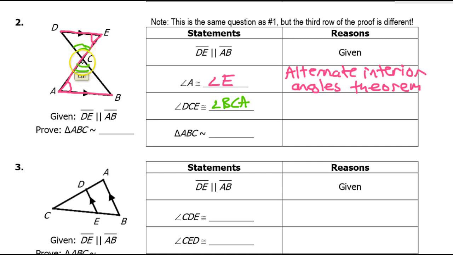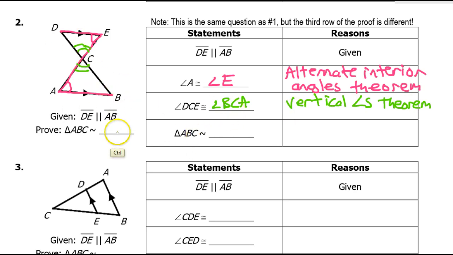Do you remember why these two angles would be congruent? These are vertical angles. So vertical angles theorem. Vertical angles are congruent.